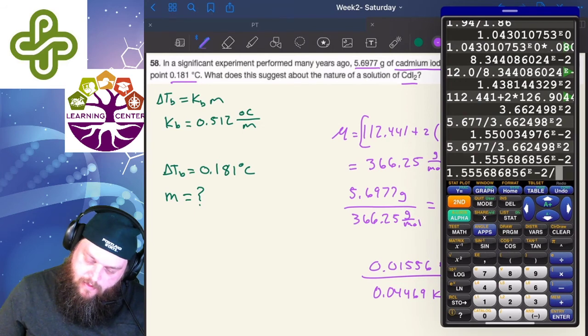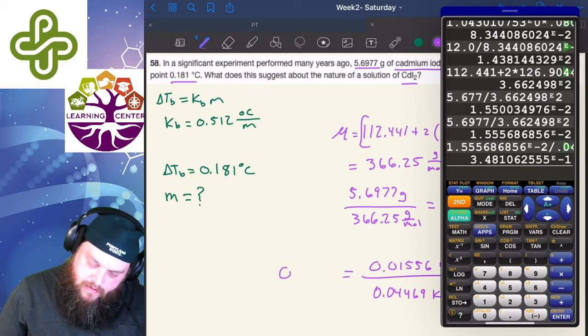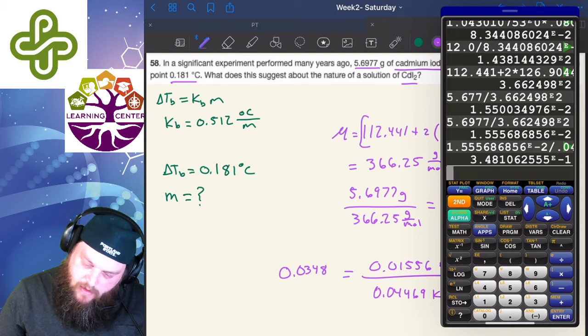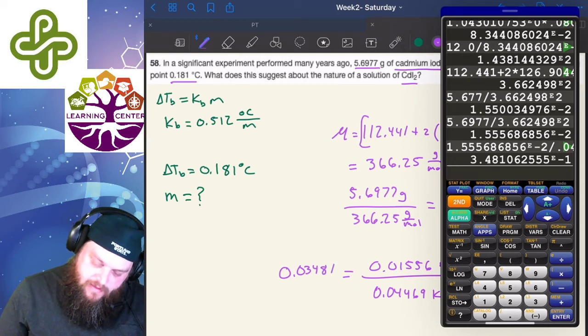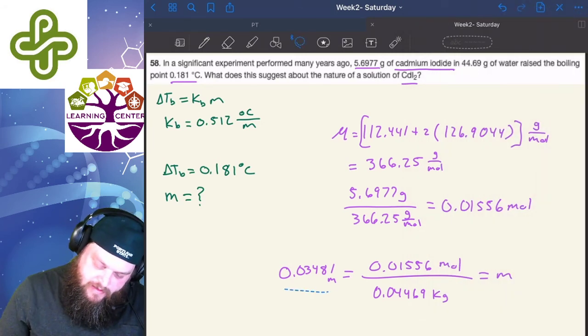So this number divided by 0.04469 is equal to 0.03481. I need 4 sig figs. Molal.